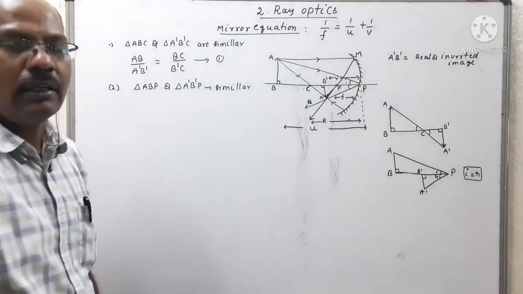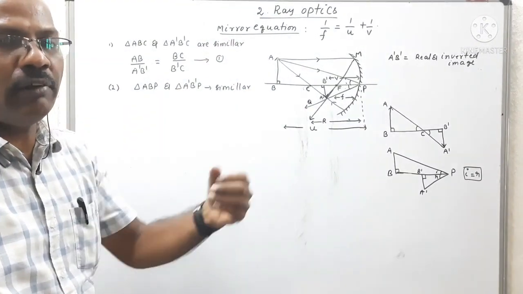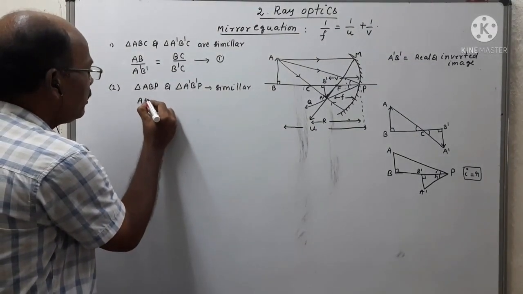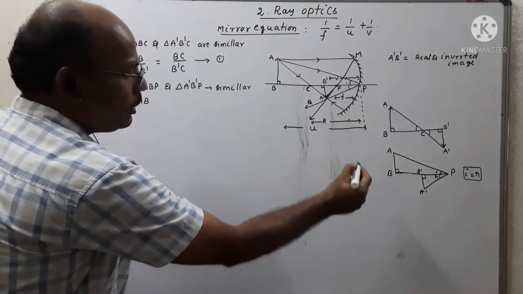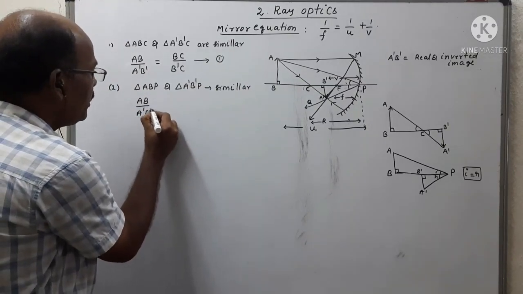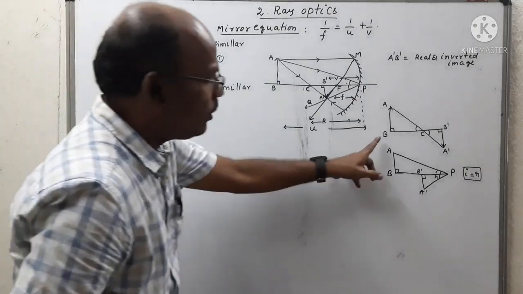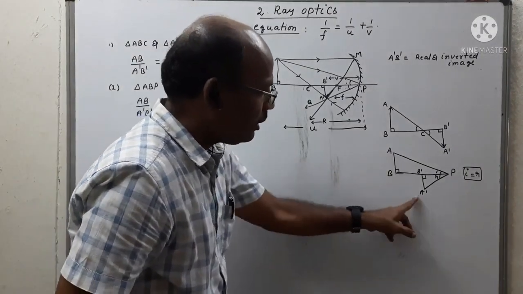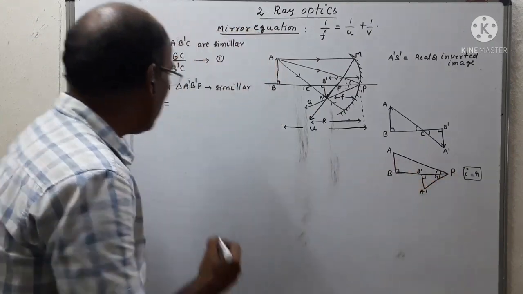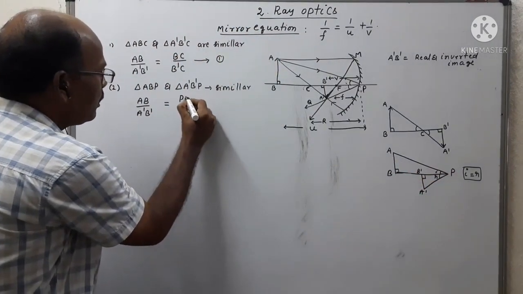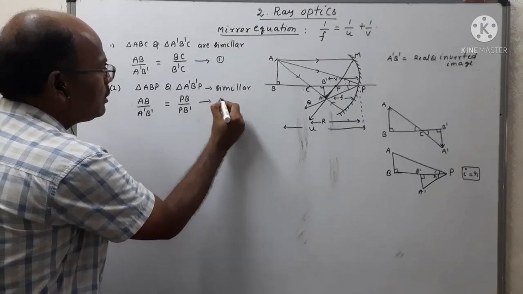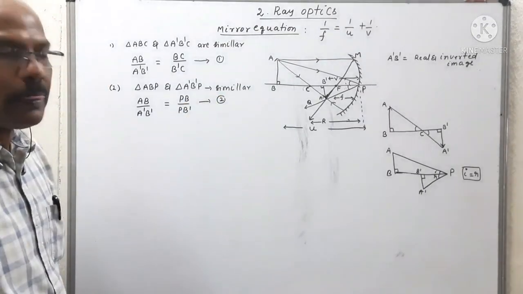So the proportional ratio should always be equal. Then we can write AB by A dash, B dash is equal to PB by PB dash. This is called equation 2.